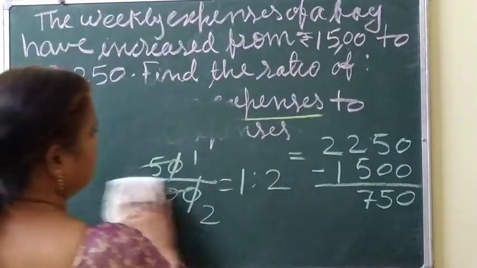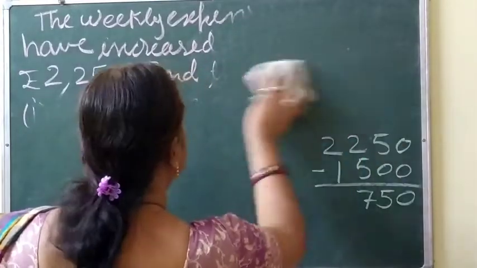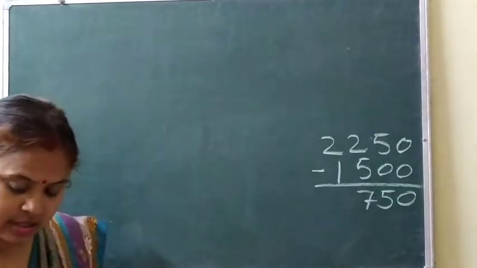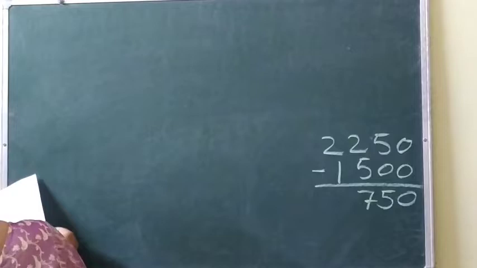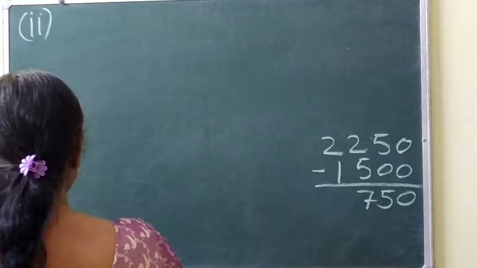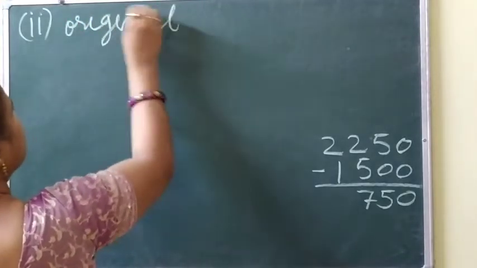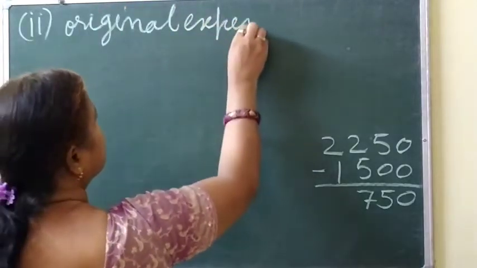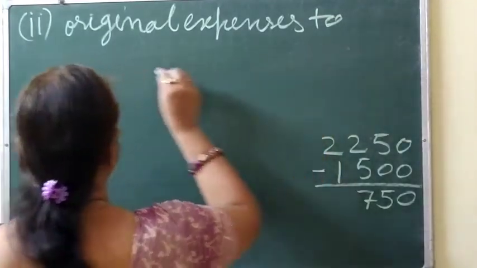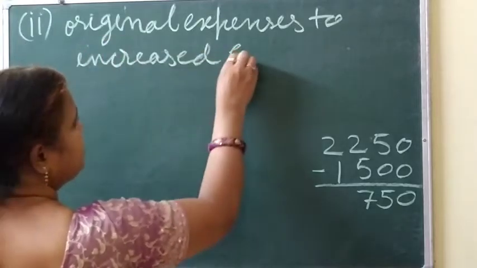Now the next subpart I am going to find out. Let this data be here. Clear? Because from this data we can find out the original expense, the increased expense and the increase in expense. So subpart 2 is original expenses to increased expenses.